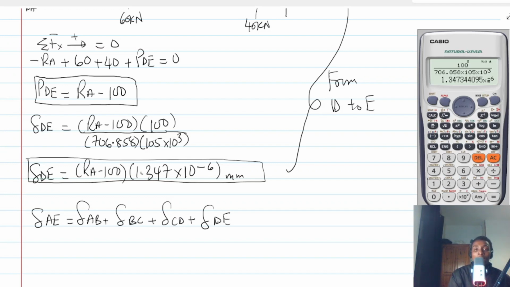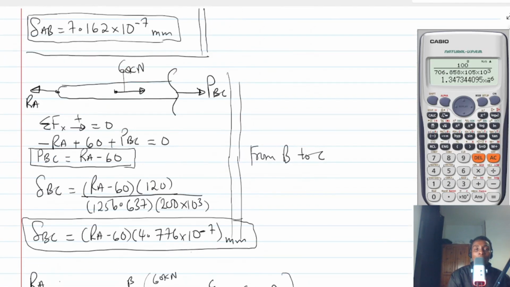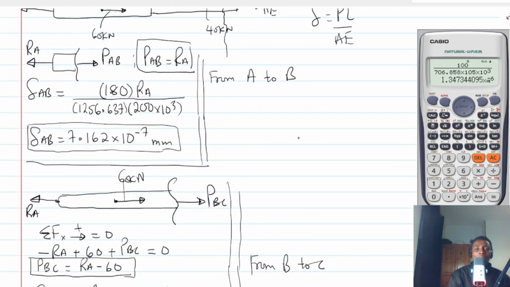Now, let's add all of them. We are going to take our time and add everything we have. I want to write it down. For this one we got, oh, we were supposed to multiply RA here. Okay.